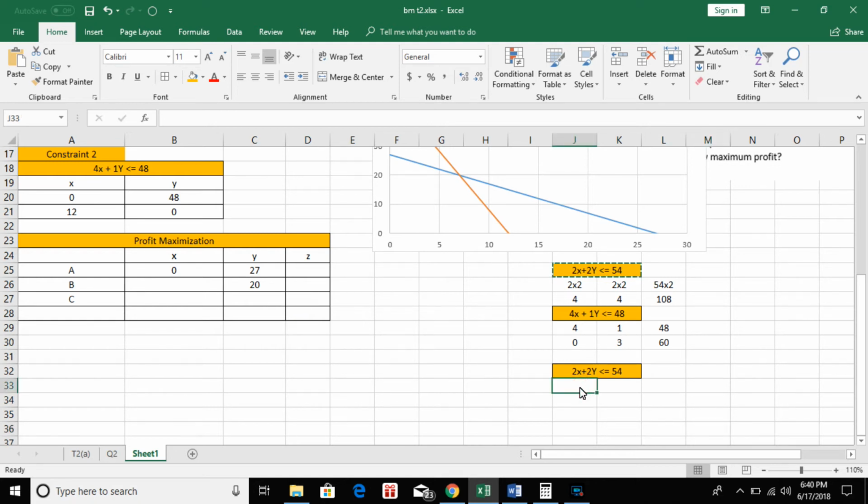So we have here 2x, but for y, 2 times 20, because y we already calculated. We will get 40, which is less than or equal to 54.